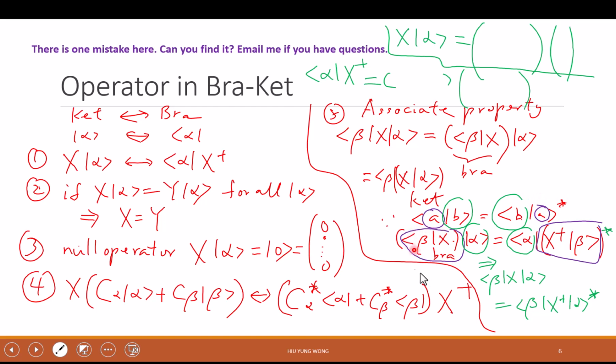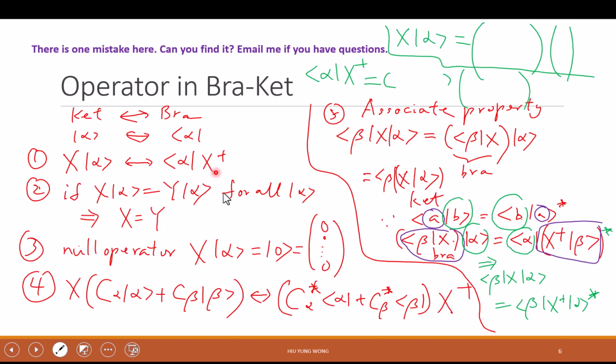So here I have the bra version of this thing, it becomes the ket version, and the ket version of this becomes the bra version. So I just write alpha, x star, beta, and then add the complex conjugate, and they should be the same. The only confusing part is why the bra version of this, when it becomes the ket, becomes this.